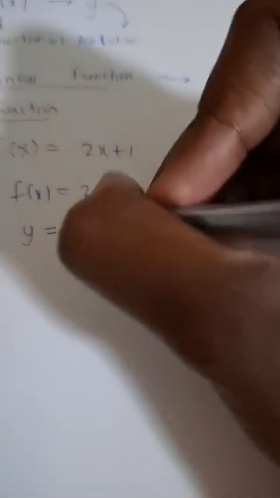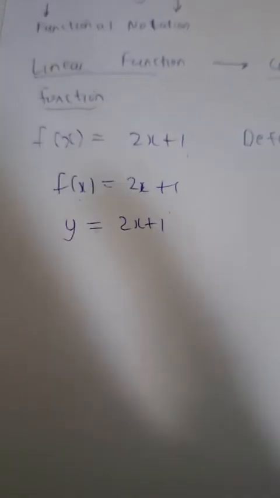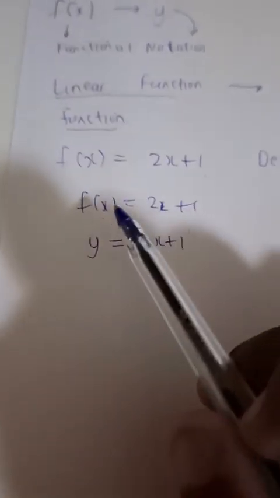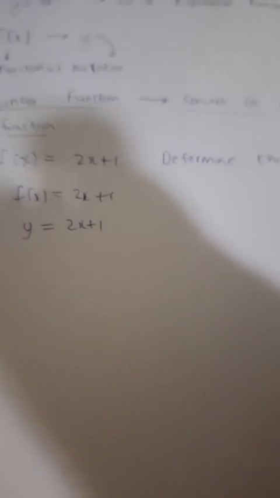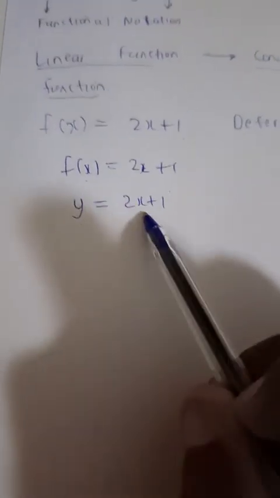Now, remember what I said about f of x. We can write f of x as y. So we have y is equal to 2x plus 1. So that's the first step. We need to convert it from the functional notation to y is equal to 2x plus 1. Then, step 2.